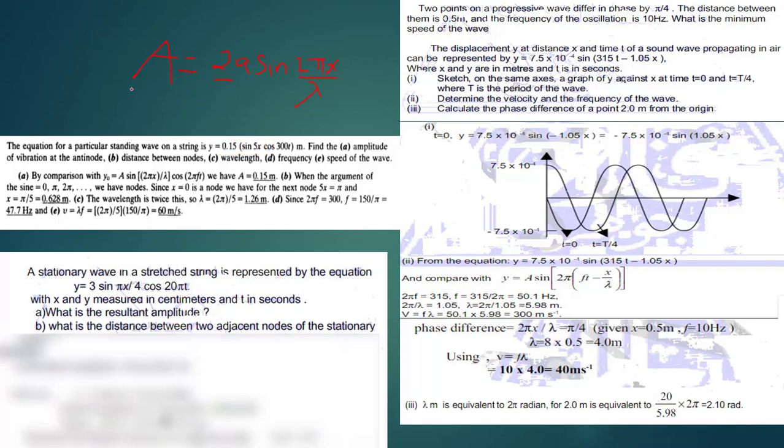So this being our amplitude, this is the equation of our amplitude. For this case, 2a is this 0.15, and 2 pi over wavelength is this 5. So we have, according to this question, 0.15 sin 5x. But we know a stationary wave, if we draw a simple description of a stationary wave, it looks this way.